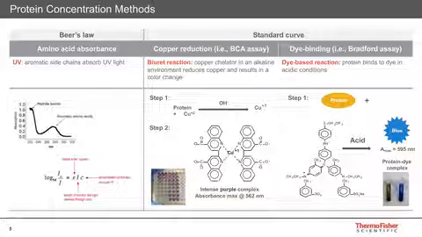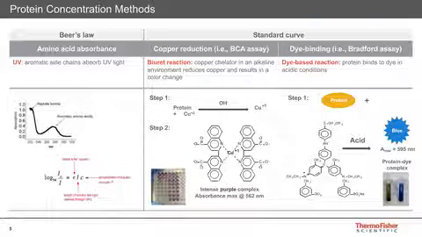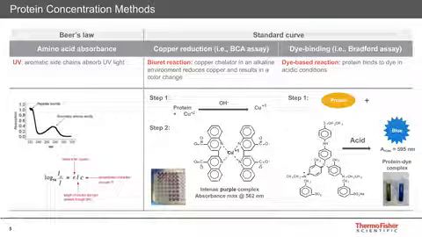Now, for the standard curve method, we have the copper reduction method, in which copper 2 is reduced to copper 1 by protein. The copper 1 is then chelated by a chelator and color is produced. In this example that we have shown here, violet color is produced, which has an absorbance at 562 nanometers.